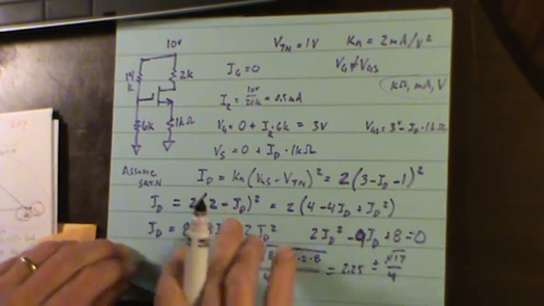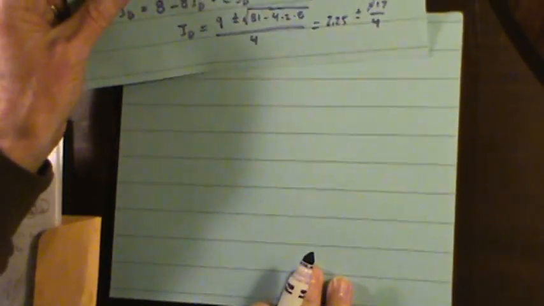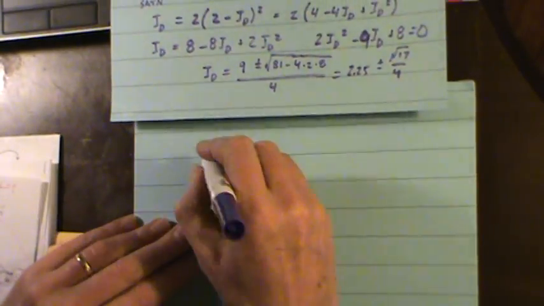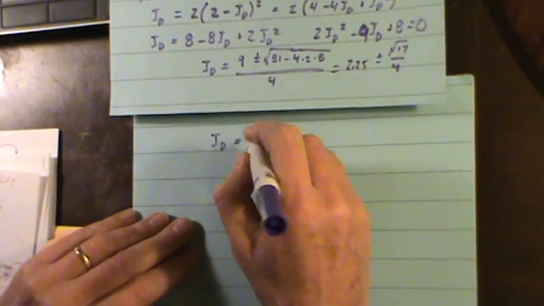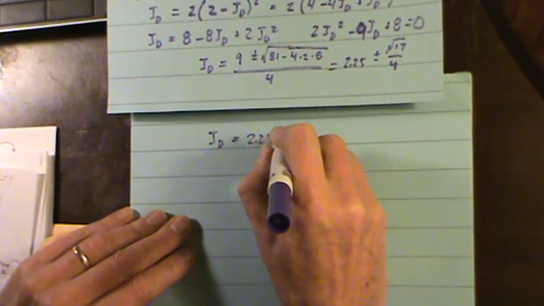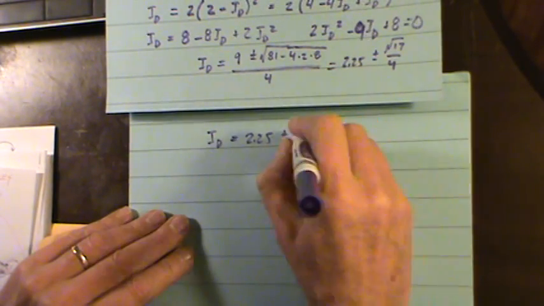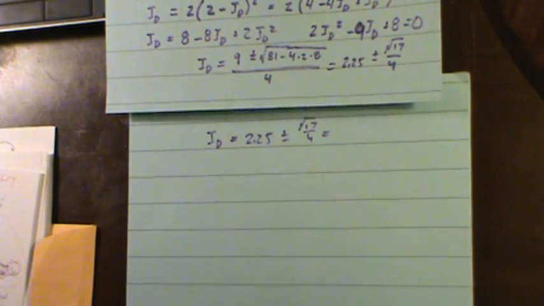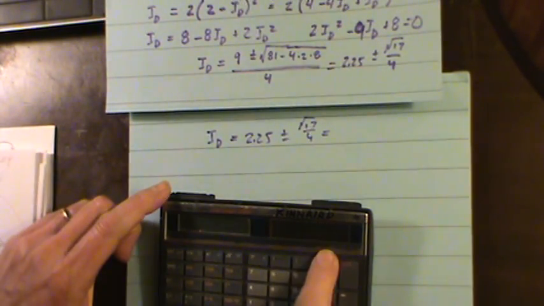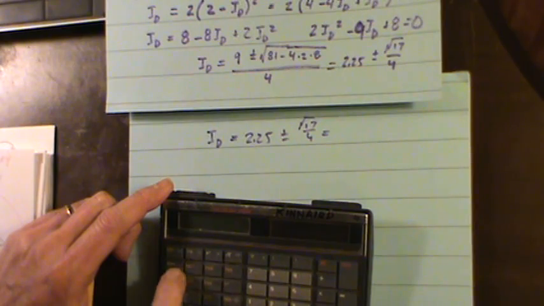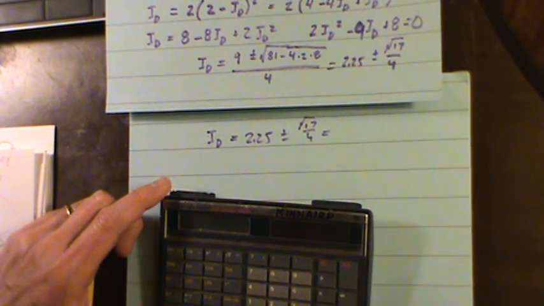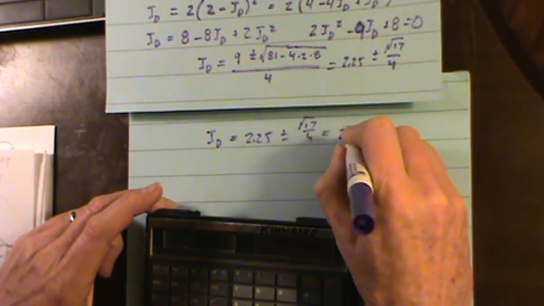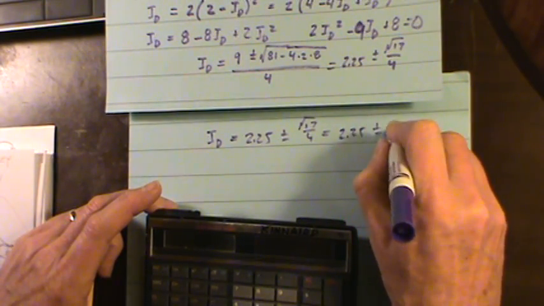Okay. You can rewind the tape. Okay, so ID equals 2.25 plus or minus the square root of 17 over 4 equals, calculator, square root of 17 divided by 4 equals 2.25 plus or minus 1.03.